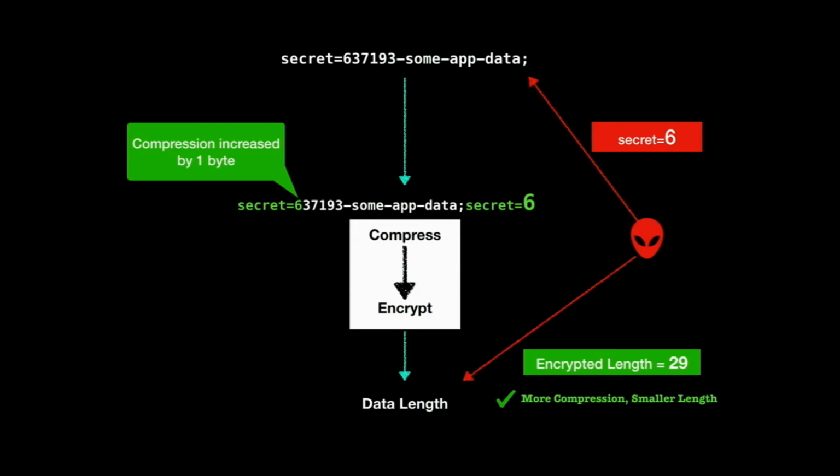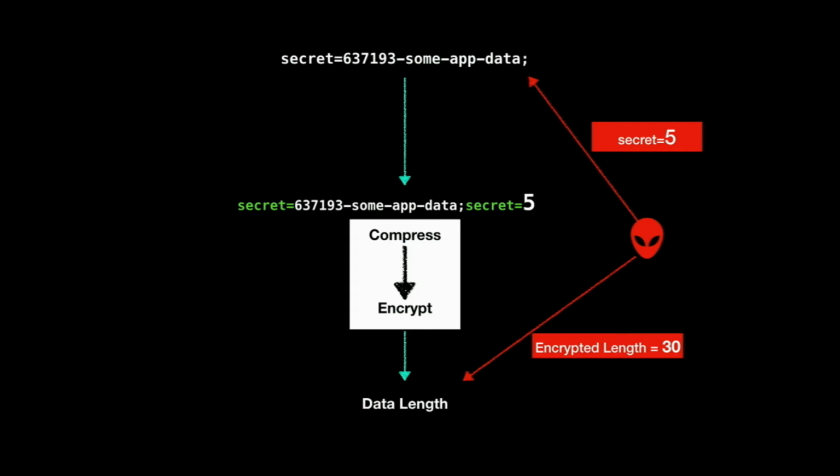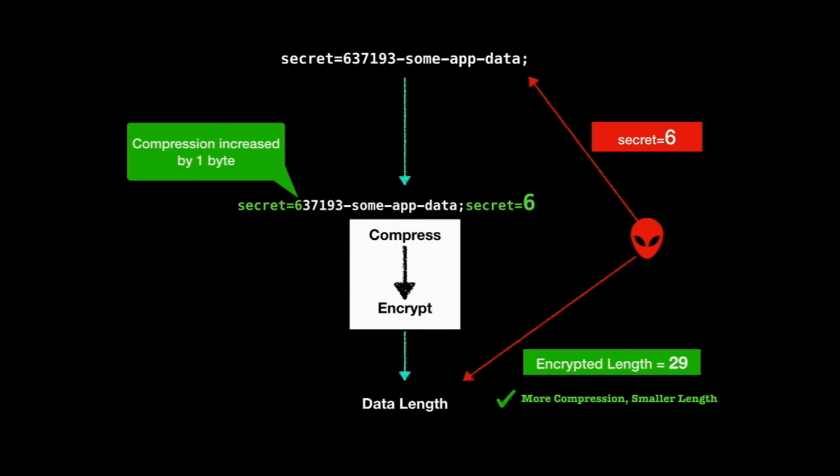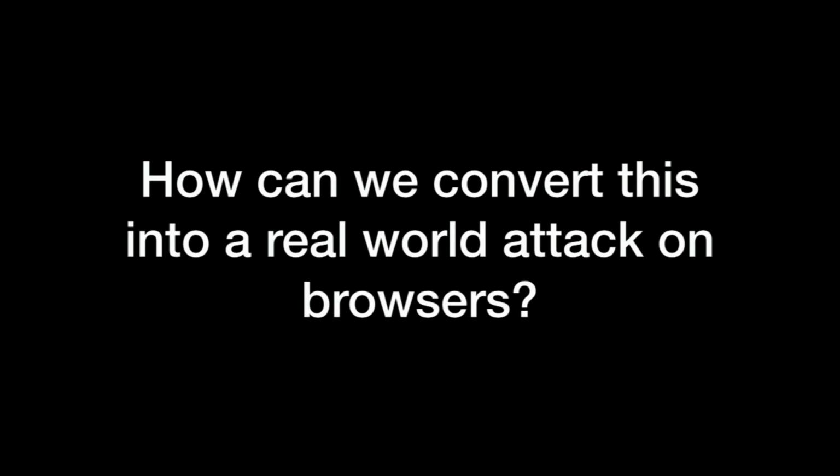Instead of compressing, as in the previous case with 5, where the green text, as you can see here, is just from secret till the equals part, the moment he sends a 6 instead of a 5, the window increases, which means effectively the length of the total payload decreases. I believe that should give you a very good understanding of what compression oracle attacks are. I spent a little time here trying to understand that.